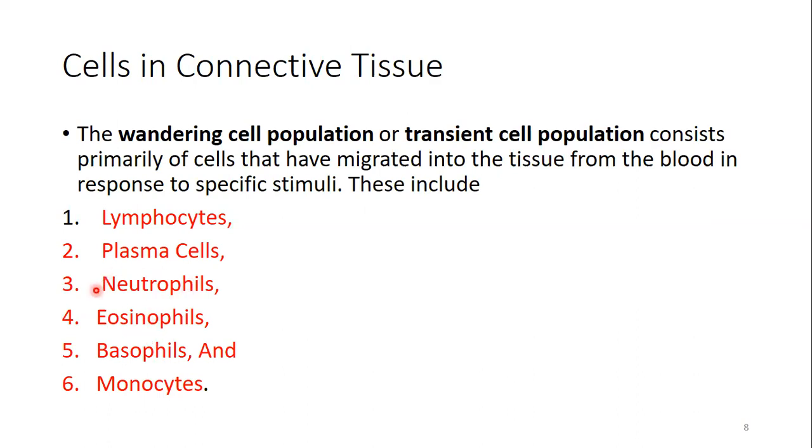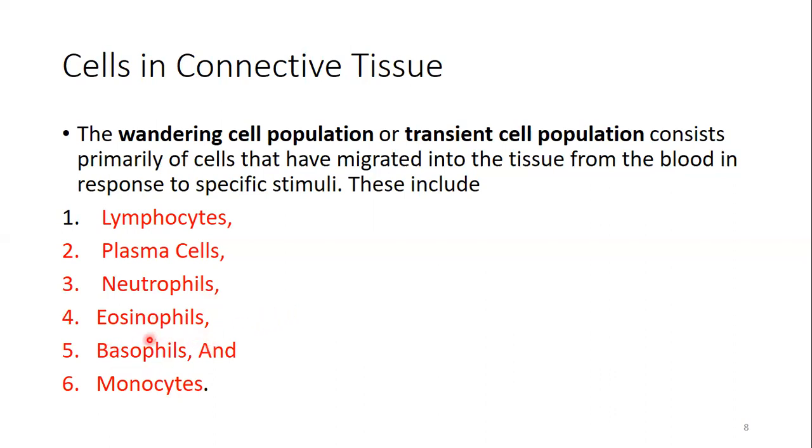For example, a neutrophil will enter connective tissue as the first immune cell to arrive whenever there is infection, injury, or anything that is disturbing the tissue. Whereas eosinophils are seen in parasitic infection. When the body or connective tissue is attacked with parasitic infection, eosinophils will migrate from blood and enter connective tissue.